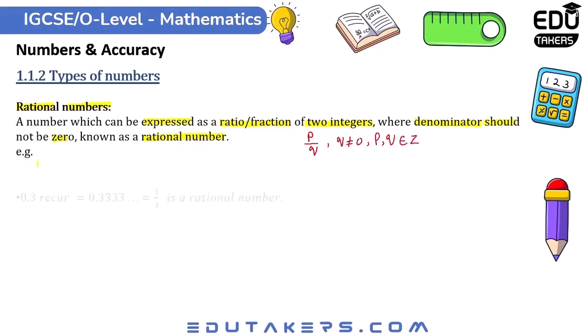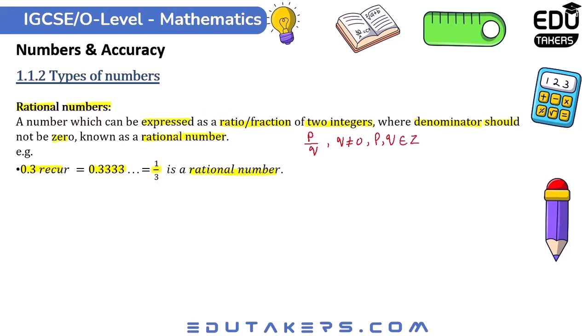For example, 0.3 recurring, this is equal to 0.333 and so on, which is equal to 1 over 3, is a rational number, because 1 over 3 satisfies all the conditions of a rational number. 1 is an integer, 3 is an integer.